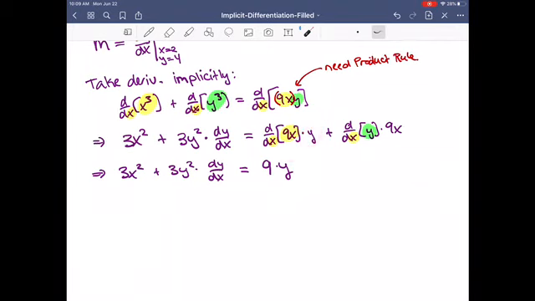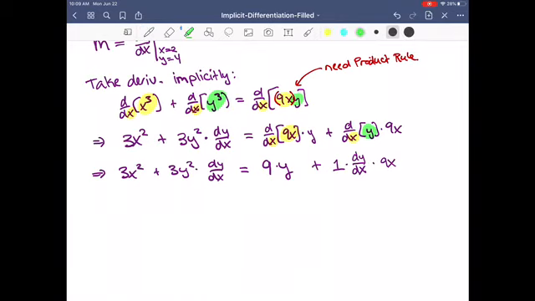We don't need a y prime there. The next one, we are taking a derivative. The derivative of y is 1, because it's just like the derivative of x is 1 when you have an x. So the outer derivative is 1, but then I want to multiply by dy dx, and then I still have that 9x there.